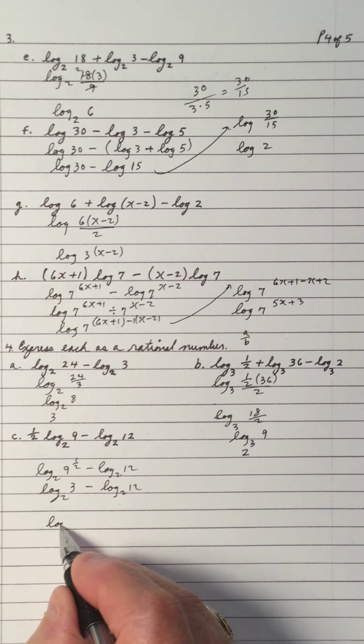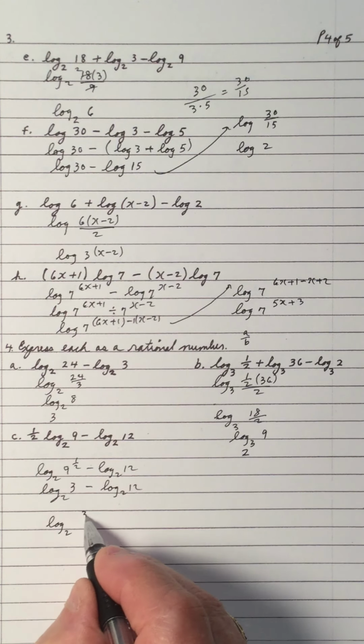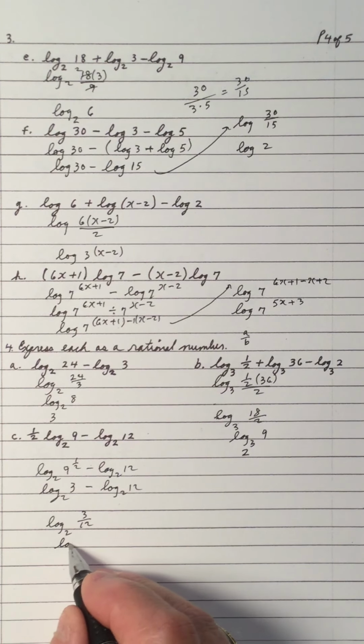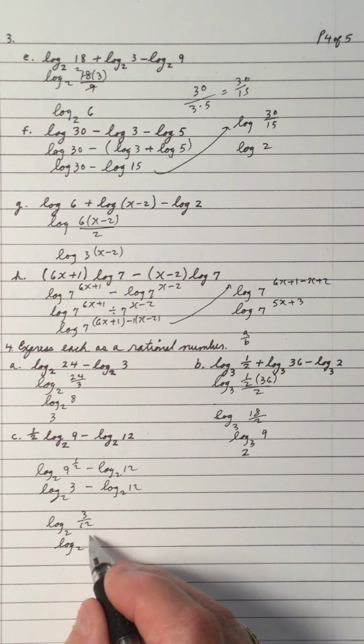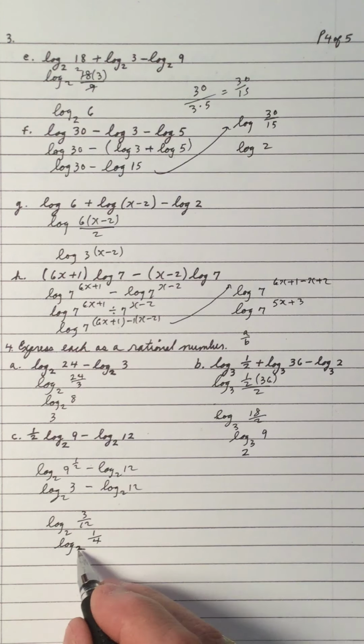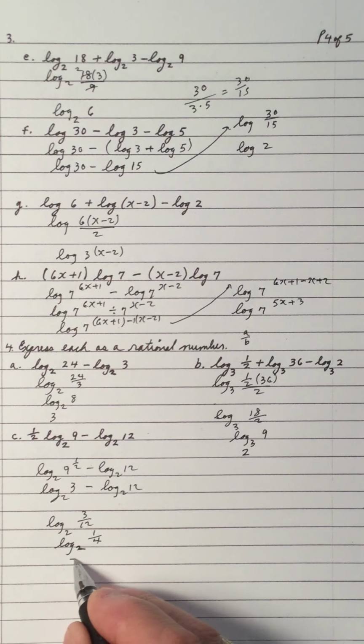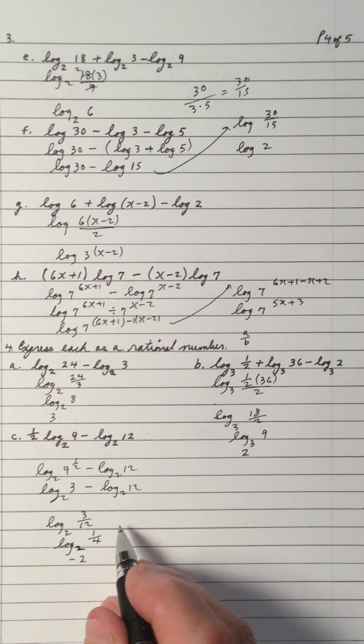Subtraction of logs is the log of a division. And this is the log base 2. 3 over 12 is 1 over 4. And 2 to the what power gives you 1/4? 2 squared gives you 4, so it has to be -2, because it has to flip the 2 around.